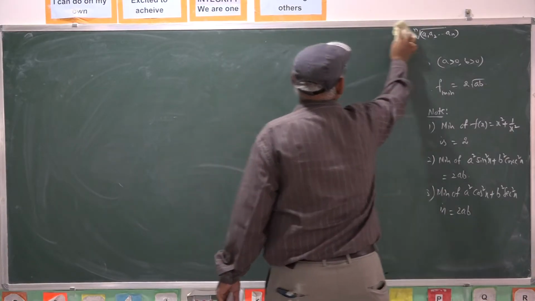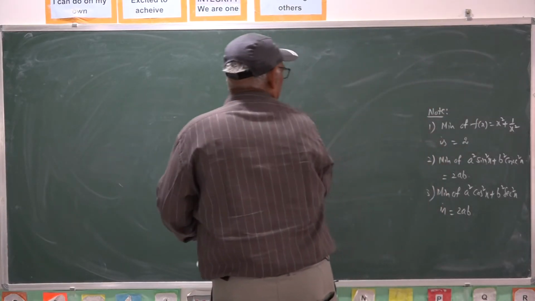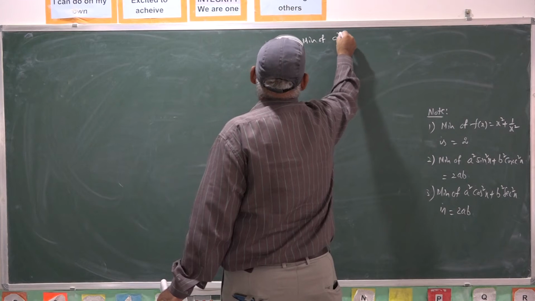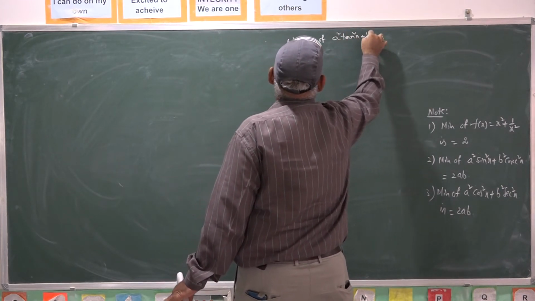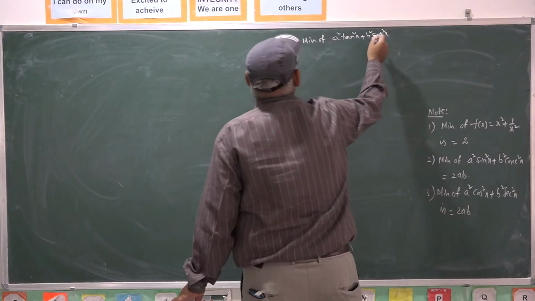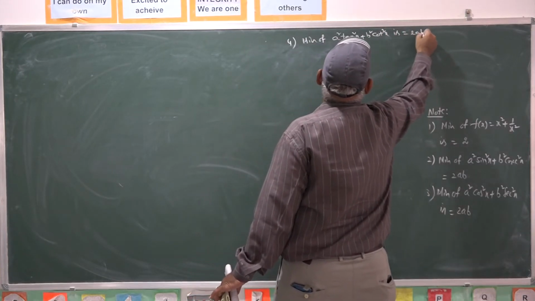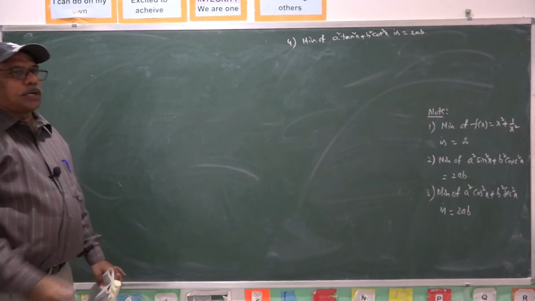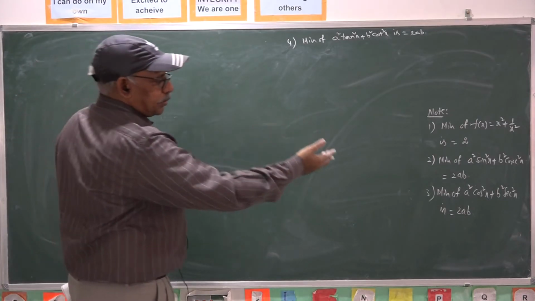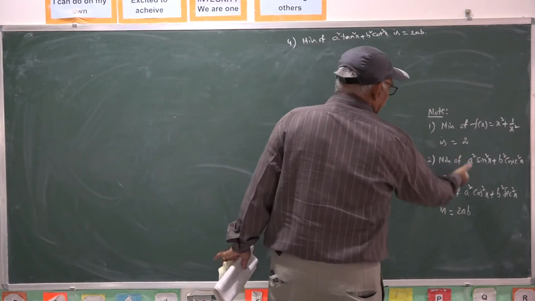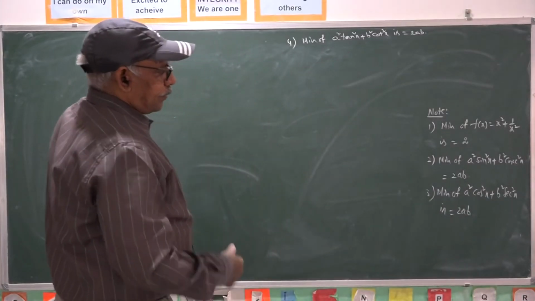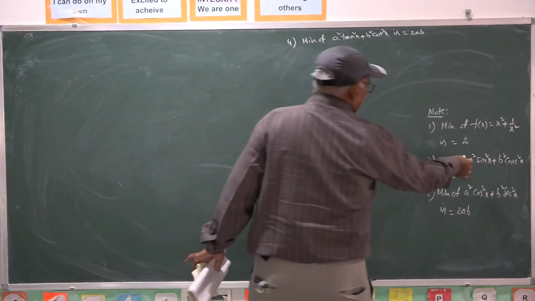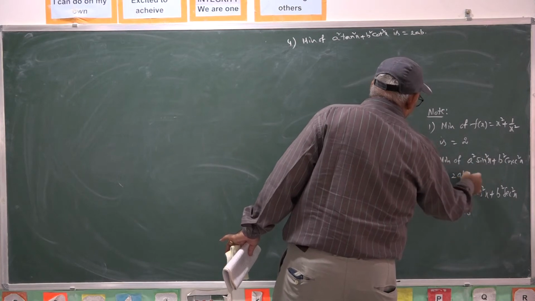Similarly, the fourth point is the minimum value of a square tan square x plus b square cot square x is also 2ab itself. So you can apply the arithmetic mean is greater than or equal to geometric mean analogy to such functions. In such functions, the minimum exists. The minimum value is either 2ab or 2 root ab, provided that instead of a square b square, once you have only ab, you get root ab here.